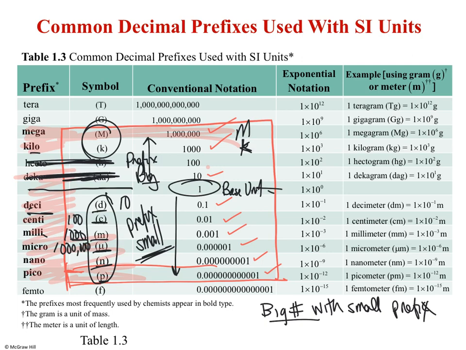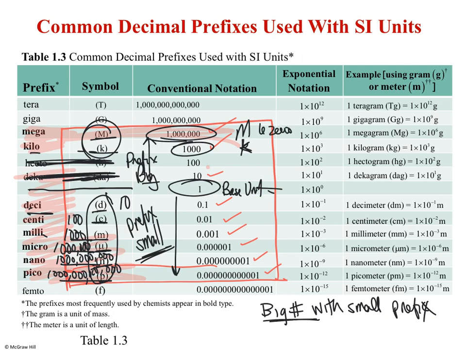Micro is 6 zeros. Nano is 9 zeros. Pico is 12 zeros. Okay, so you see the pattern, 3, 6, 9, 12. Here, kilo is 3 zeros, and mega is 6 zeros.